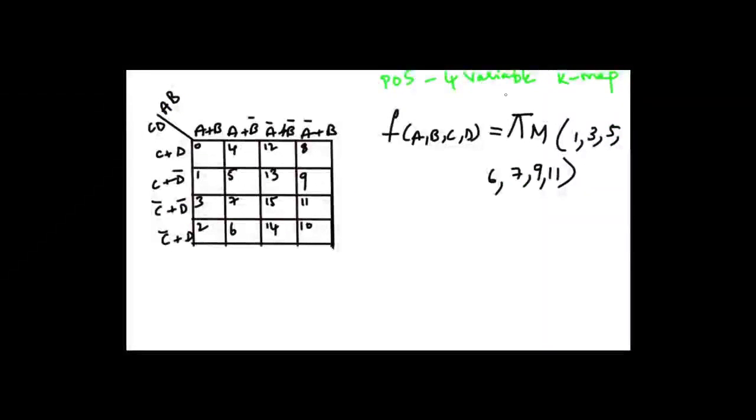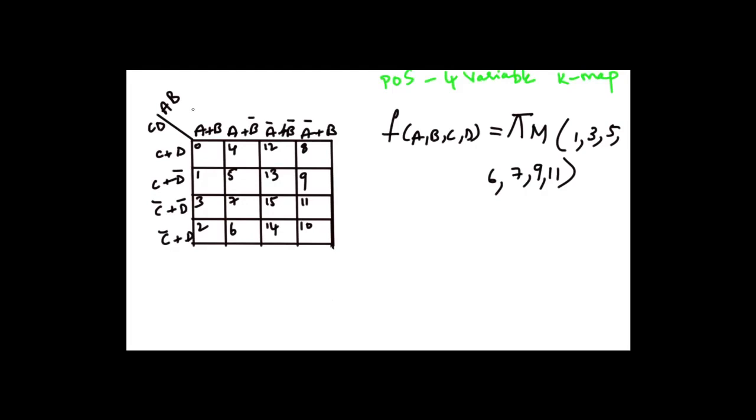Yes, this is a 4 variable K-map using POS. So this is a question, and before going to the question, we'll see this K-map first. These are 4 variables A, B, C, D. If it is in SOP form, we write A bar B bar, here we write A bar B, here we write A B, and here we write A B bar.